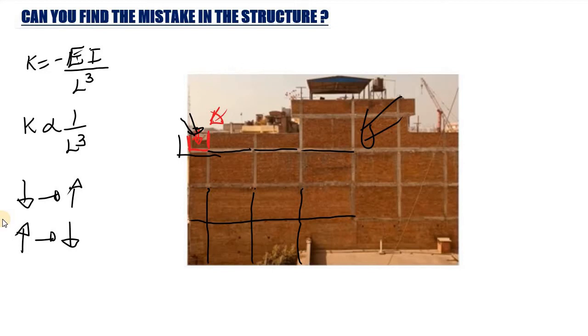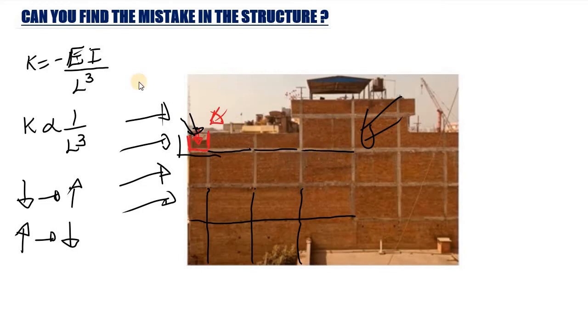So when we apply an earthquake load, a lateral load, on this structure, this part of the structure is going to be more stiff compared to this other side. Because this side is more stiff, this part of the beam is going to receive more load, so it is going to absorb more load, and because of that it is going to result in failure in this part, because this part is more stiff compared to this other side.